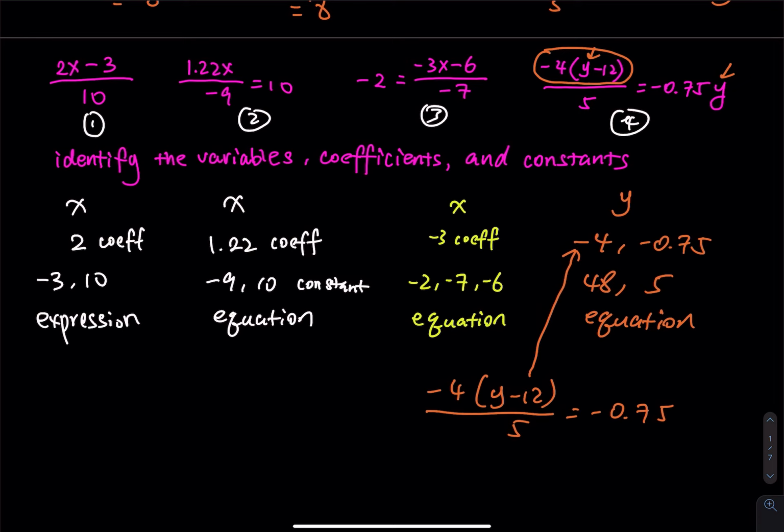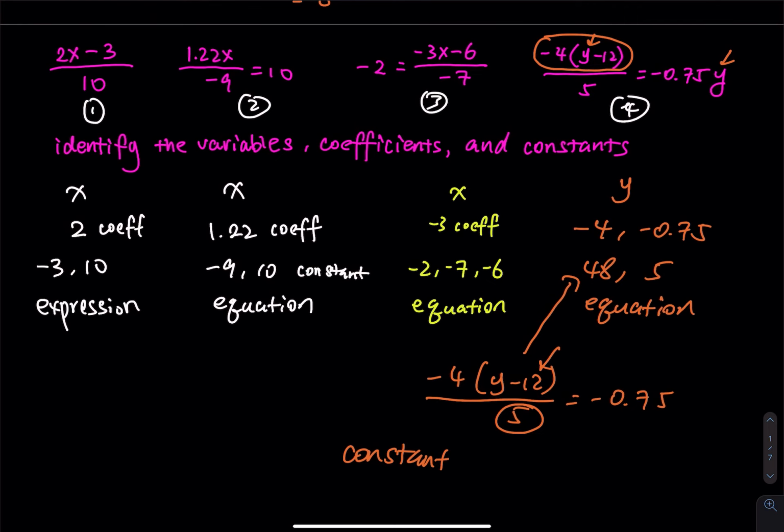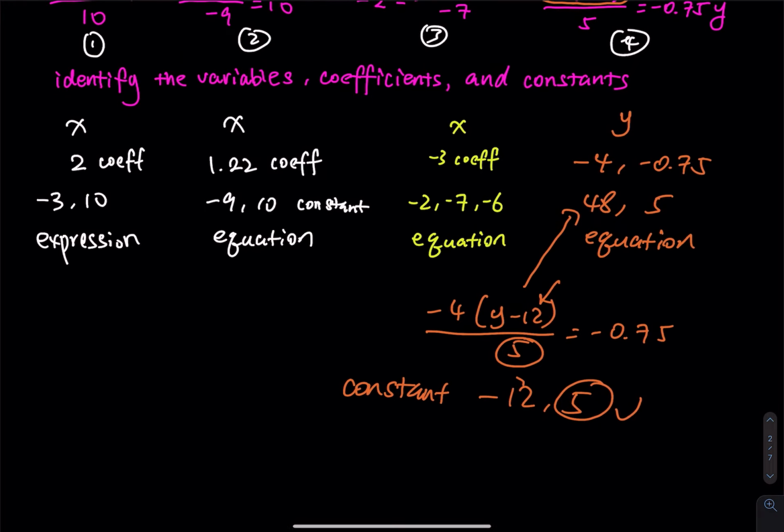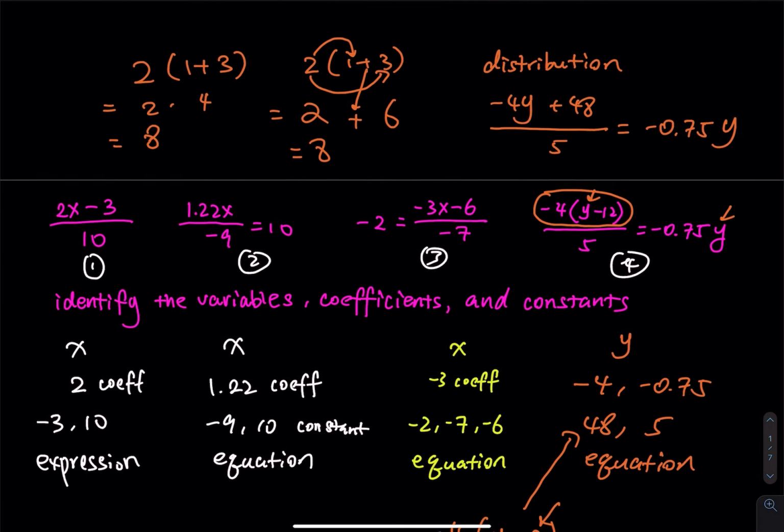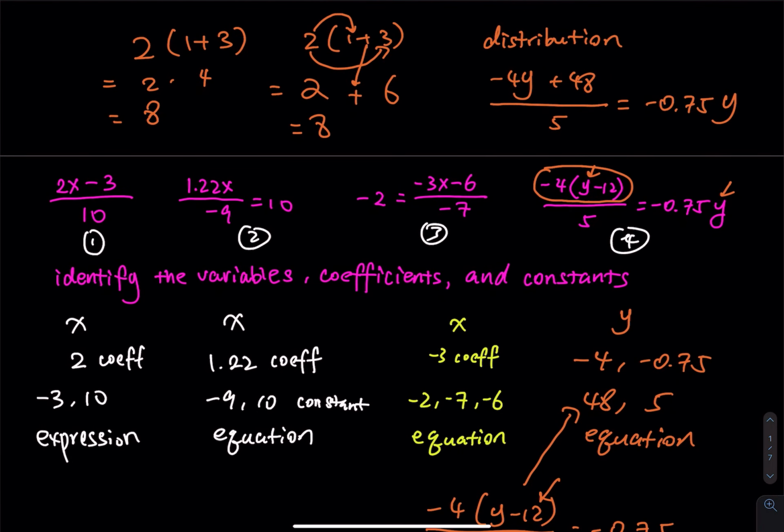I'm sure the problem would like you to distribute. If you say negative 12 and 5, I think you will get credit for the 5, but for the 12, I don't think they will give you credit, because you do have to distribute the negative 4 to get positive 48. But the distribution I already explained right here. You can follow how I do it.